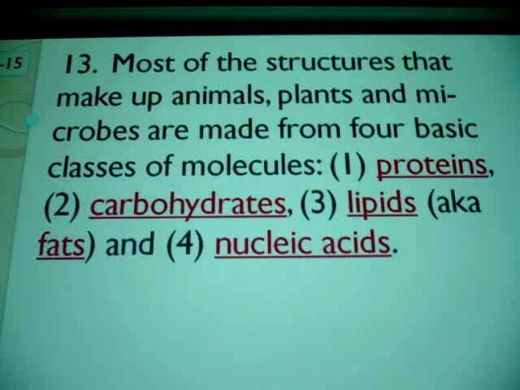Now I may ask you one day, what builds proteins? And then you would say, oh, amino acids do. I may ask you, well, what builds carbohydrates? And you would say, well, monosaccharides do. I may ask you, well, what builds these lipids? And then you would say, well, glycerol and fatty acids do. And I might even say, well, what builds nucleic acids? And then you would say, nucleotides do. And that's why I want the terms on there to be the end product terms.